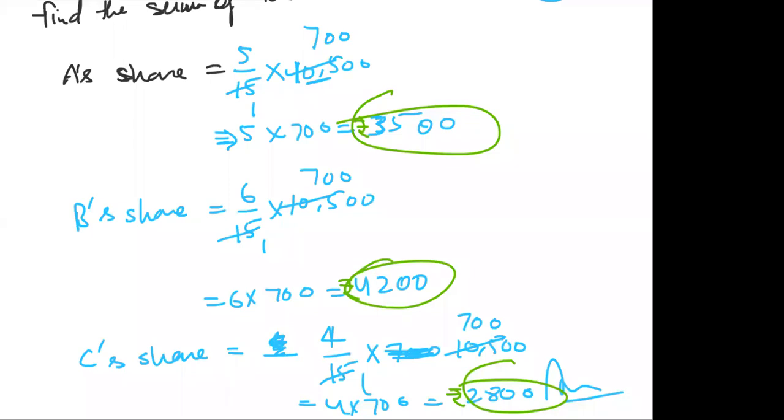Next question, question 7. Do the ratios 15 centimeter to 2 meter and 10 second to 3 minutes form a proportion or not? So we have to check if they form a proportion.